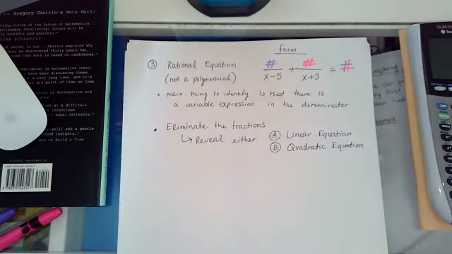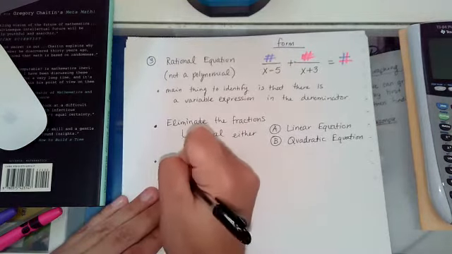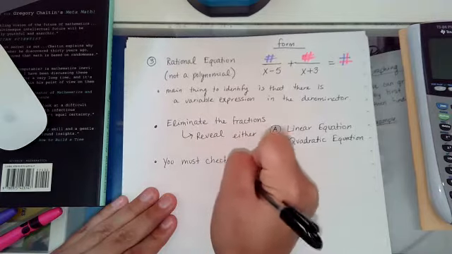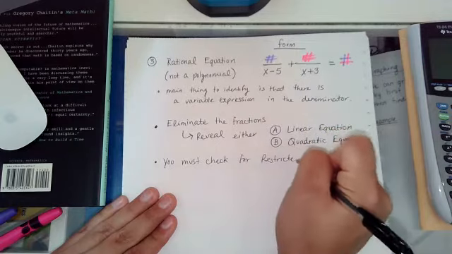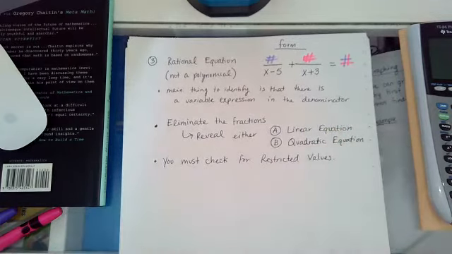So then we either solve the linear equation or quadratic equation, and then we'll have our solution. The other note is that you must check for restricted values. And we'll talk more about that as we start solving rational equations.